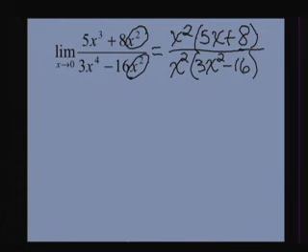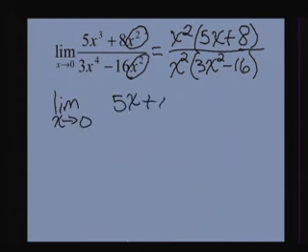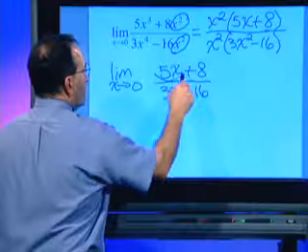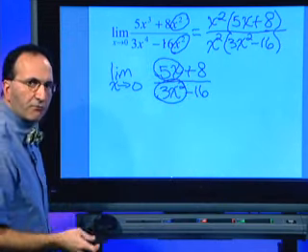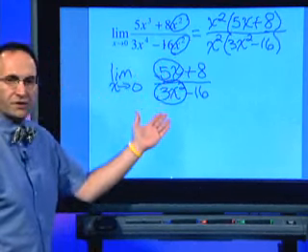And then what I'm looking at is the limit as x goes to 0 of 5x plus 8 over 3x squared minus 16. And of course, as we can see, this and this will both go to 0 as x approaches 0.